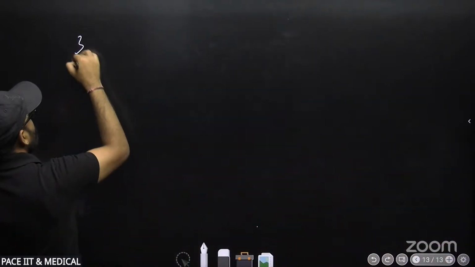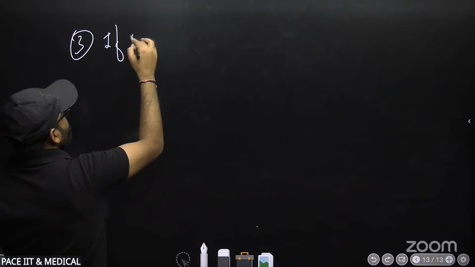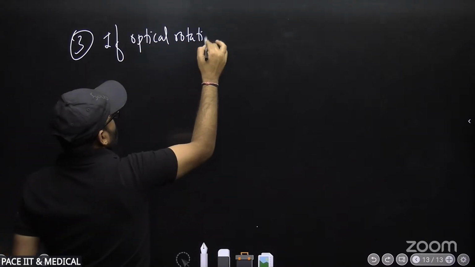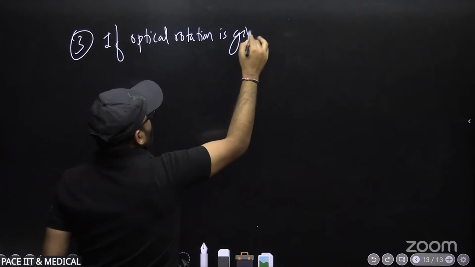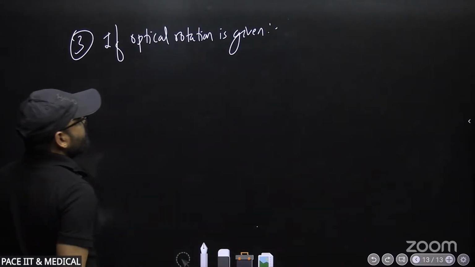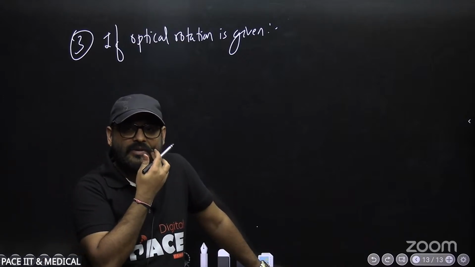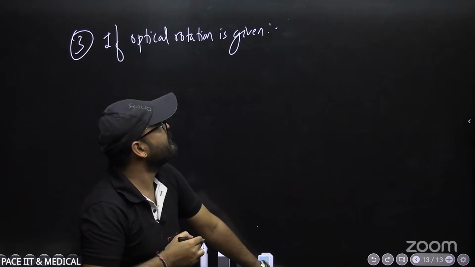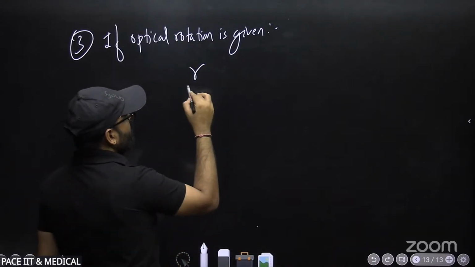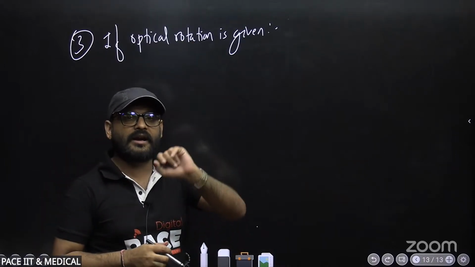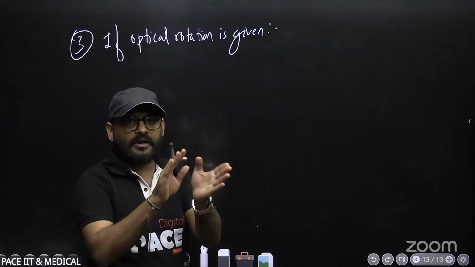Third thing is, if optical rotation is given, you know from your organic chemistry knowledge that optical rotation means when plane polarizing light is passed through optically active substances, it will rotate the light.